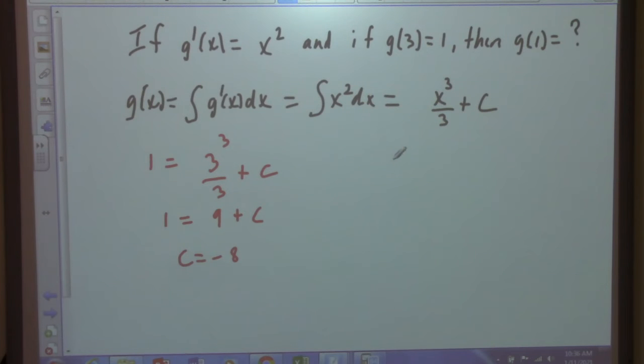And so now we can take this negative 8 and put it up here and say g of x is equal to x cubed over 3 minus 8.